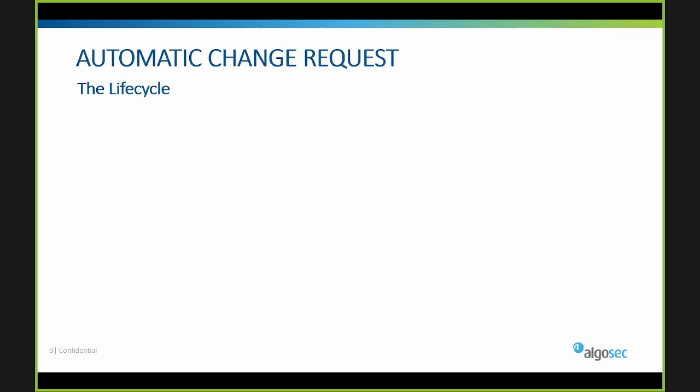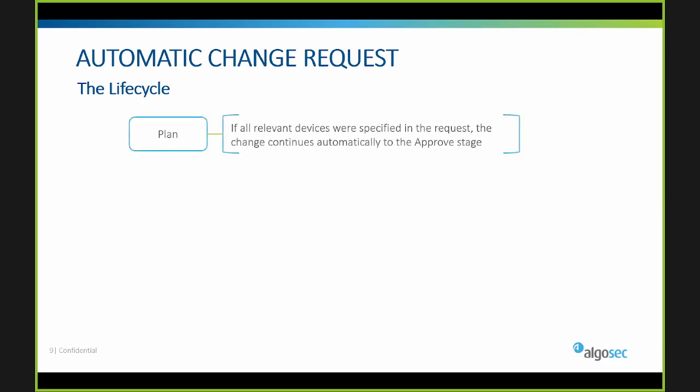Automatic. Now here, we're going to try and work through the plan, approve, implement, validate, and match without stopping, assuming some basic rules, basic guidelines, let's say. At the plan stage, if my plan has all the firewalls that it needs, then at the end of the plan, we'll go straight on to approve.